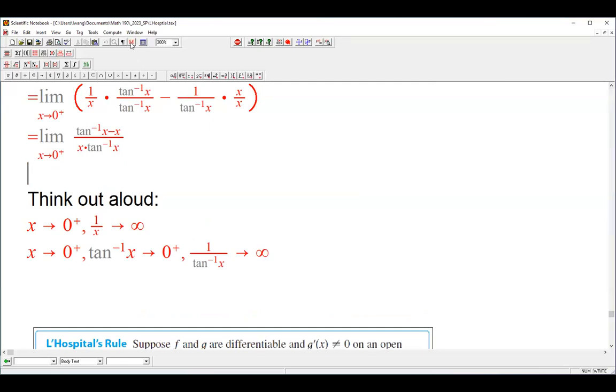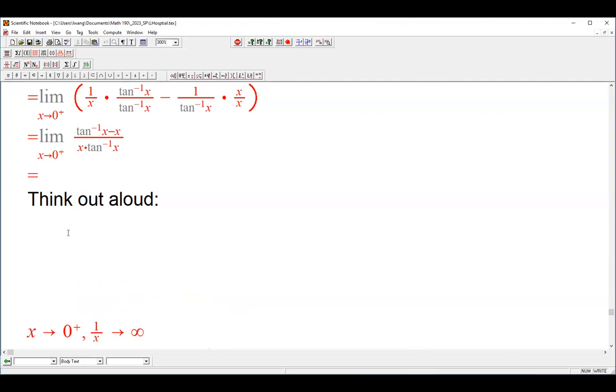We're going to take a derivative on the top and bottom. And what do we get? So we're going to take the derivative of the top. Let's just practice when we apply L'Hopital rule. The derivative of arctangent is 1 over x squared plus 1, minus 1, since the derivative of x is 1.